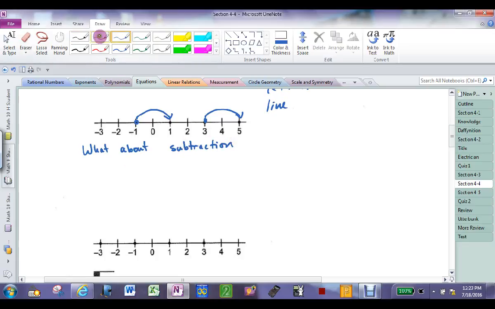We started with negative 1 is less than 3. Now let us subtract 2. Start at negative 1 minus 2. What direction is that? Left. 1, 2. And where do I end up? Negative 3.